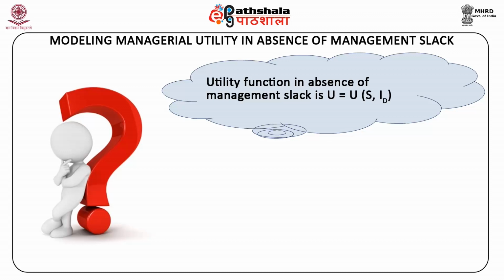Keeping one variable constant, if another variable rises, then manager's utility will rise. However, because of the trade-off, when one variable rises, the other variable will fall in order to maintain the level of utility of the manager constant. Therefore, in order to maintain the utility at desired level, the manager makes a choice of correct combination of these two variables.